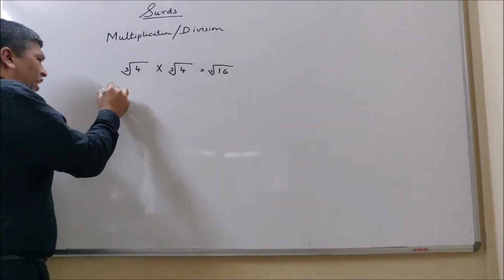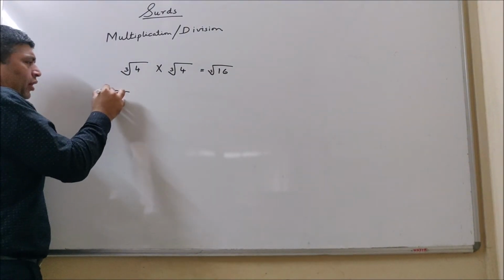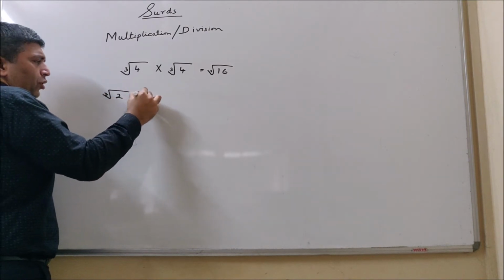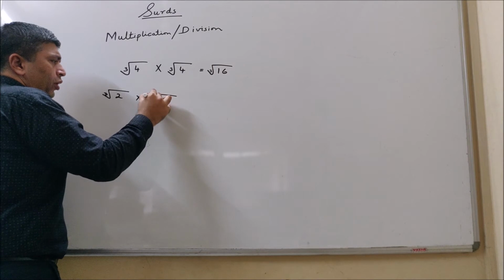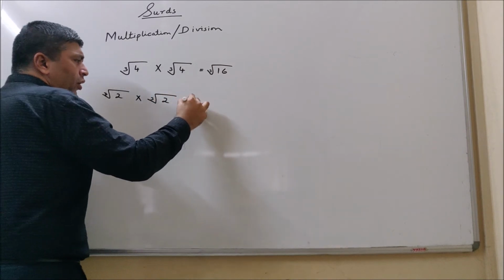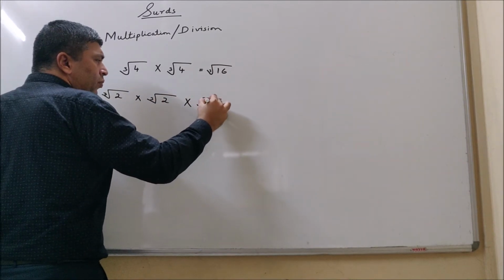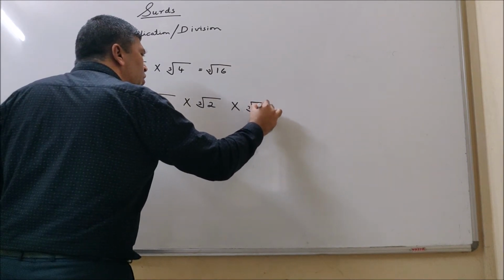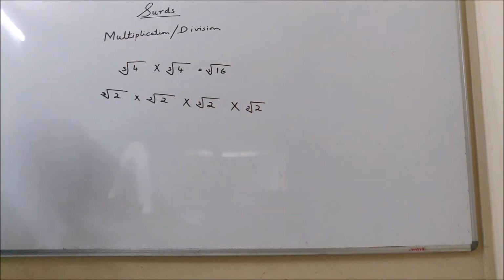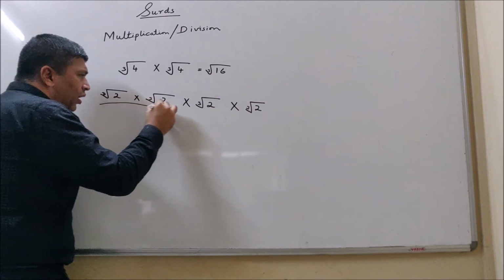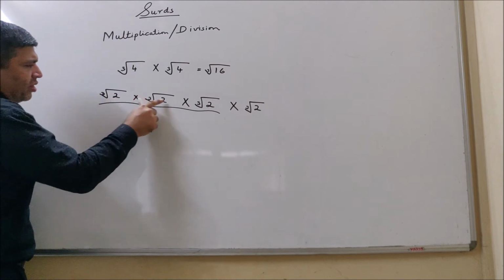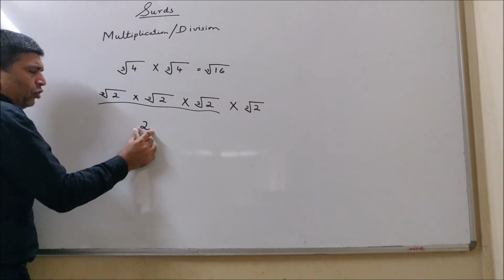Now, let's take another example. It's a cube root of 2. So you need to understand, for every 3, you will get a number. Like the number which is inside will be written without a root.